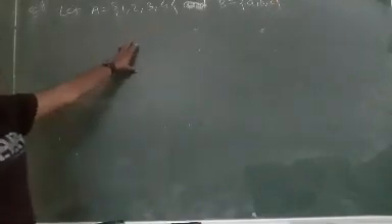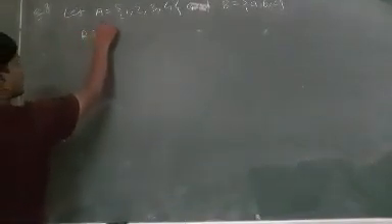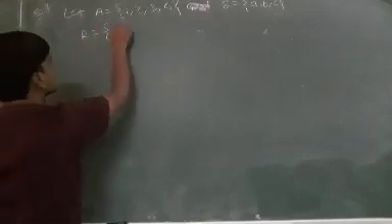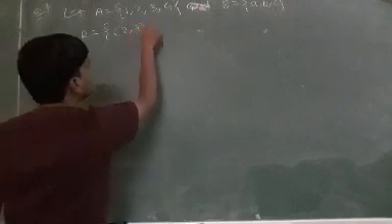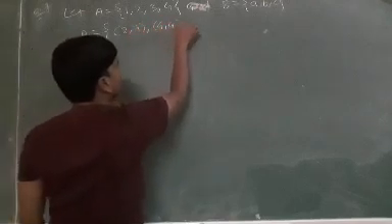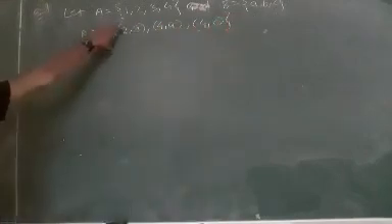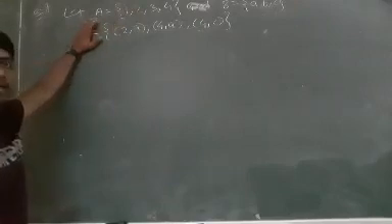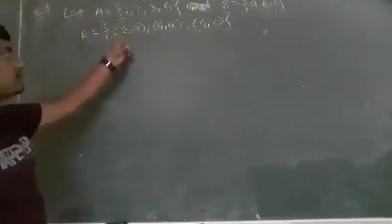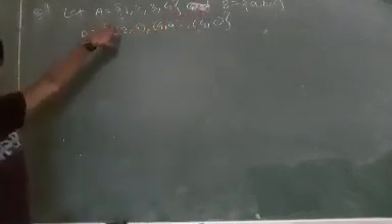So take one subset R which contains the ordered pairs (2, a), (4, a) and (4, c). As this is a subset of the product set A cross B, and every subset of A cross B is a relation, therefore this one is a relation.